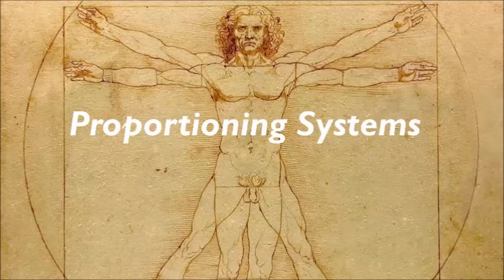Now, there are several proportioning systems that we're going to be discussing, and some of those proportioning systems have been around for a very long time. This is a sketch or a drawing done by Leonardo da Vinci, and this is the Vitruvian Man. So the Vitruvian Man might sound familiar.